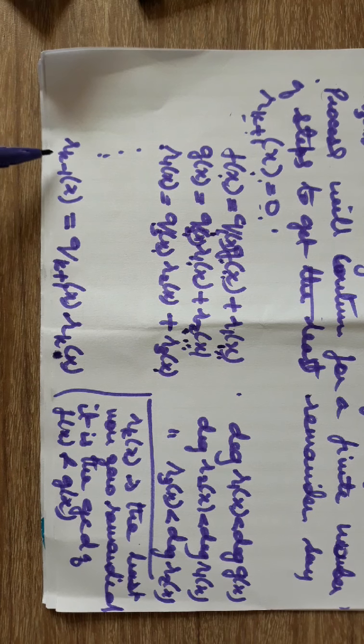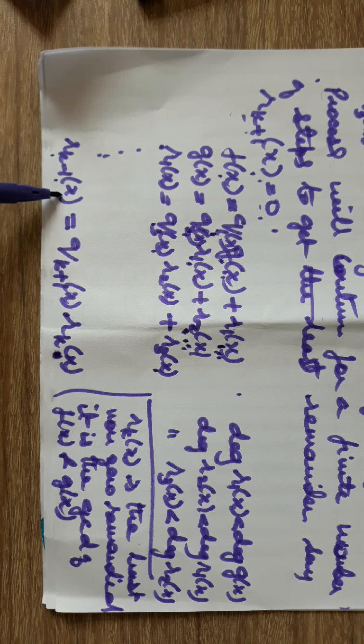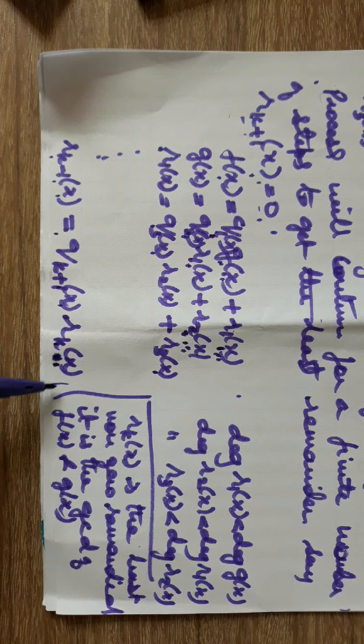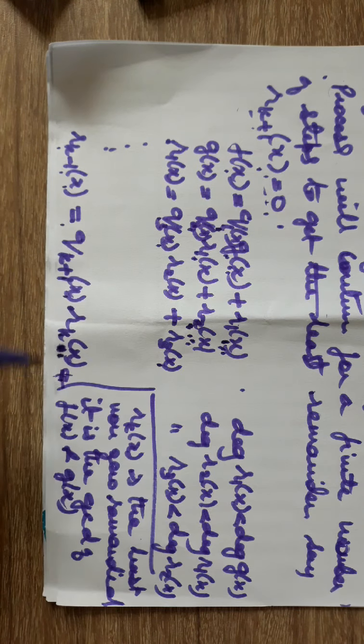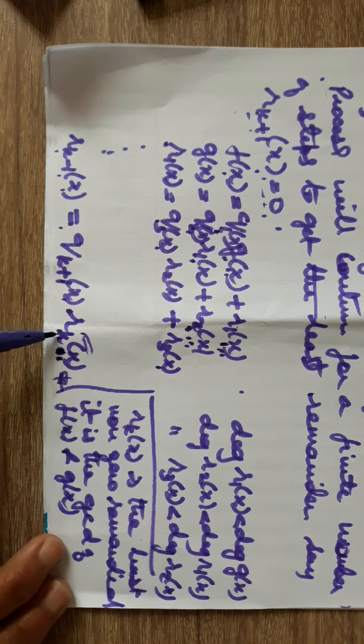Then r(k-1)(x) equals q(k+1)(x) times r(k)(x) plus r(k+1)(x), but r(k+1)(x) is 0, so it stops here. So r(k)(x), the smallest non-zero remainder you obtain, is called the greatest common divisor of the polynomials f(x) and g(x).